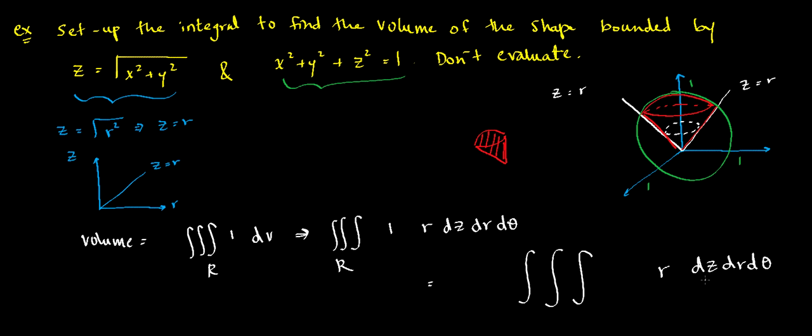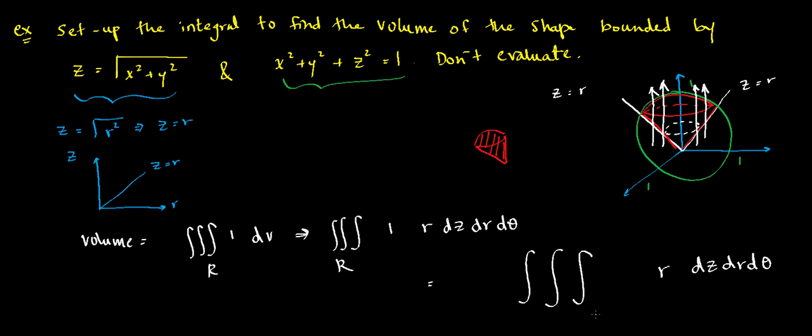So let's set up the limits of integration in the z direction. In order to do this, I'm going to sketch arrows in the positive z direction. And I see that I always enter the region through these lines over here, or through the cone given by z equals to r.